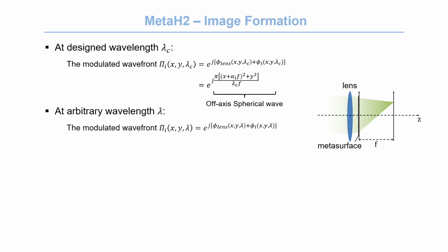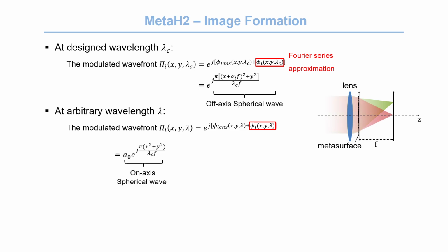At off-design wavelengths, however, the optical modulation of the metasurface deviates. We approximate this behavior using Fourier series expansion of the optical modulation, since the implementation of linear phase corresponds to a periodic shape profile. This deviation will generate some DC component which corresponds to an on-axis focal spot.